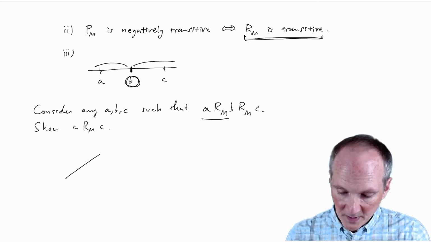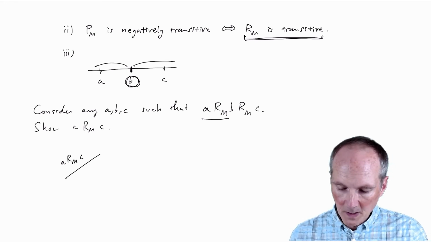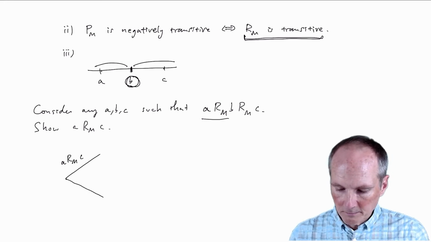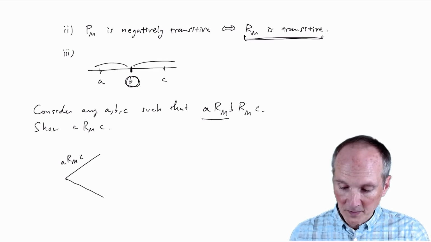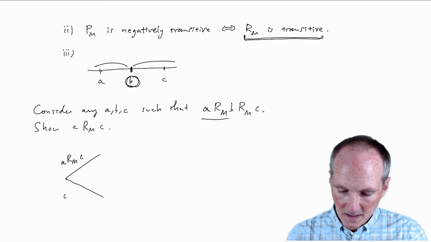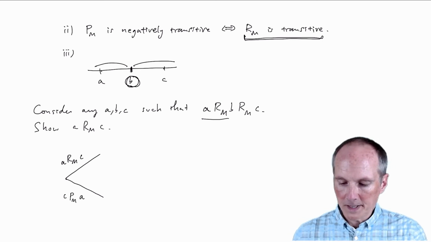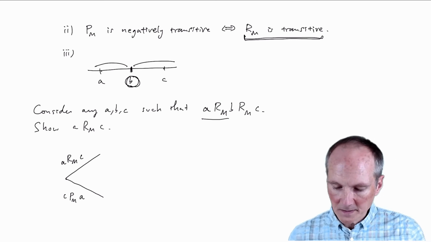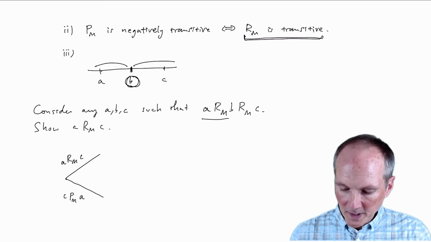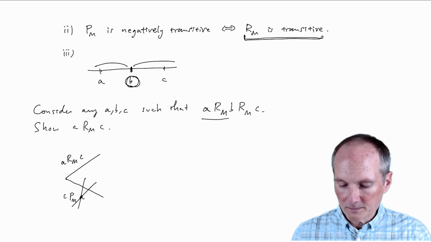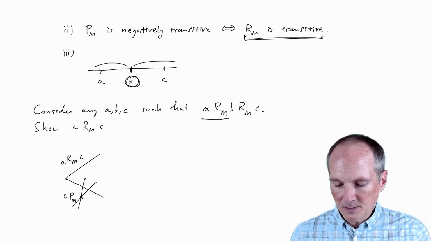There's two possibilities. Either A is weakly majority preferred to C, which is what I want to show, or it's not weakly majority preferred to C, which means that C is strictly majority preferred to A, right? Those are the two possibilities. And what I need to do is show that the lower branch is impossible, right?